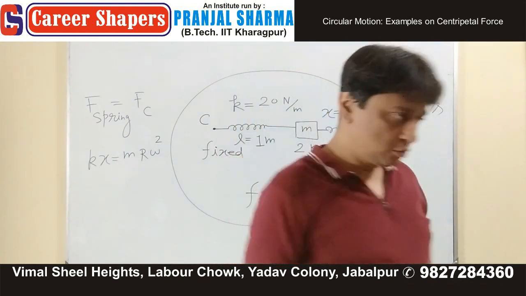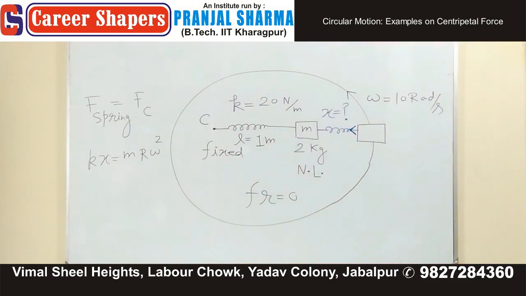Now, those of you who could not attend this question, just give me the value of r. What is the value of r in terms of quantity written on the board? Good.